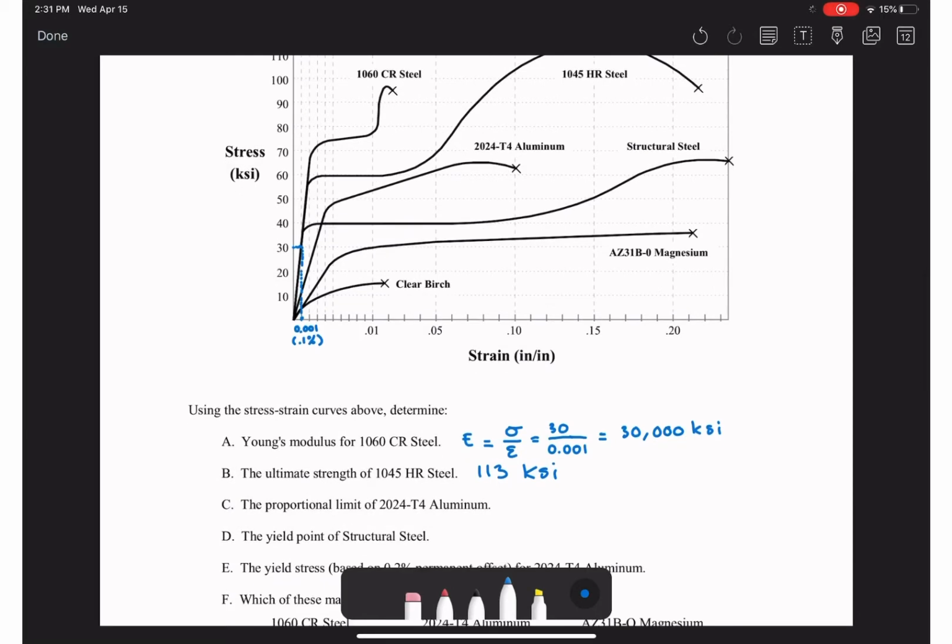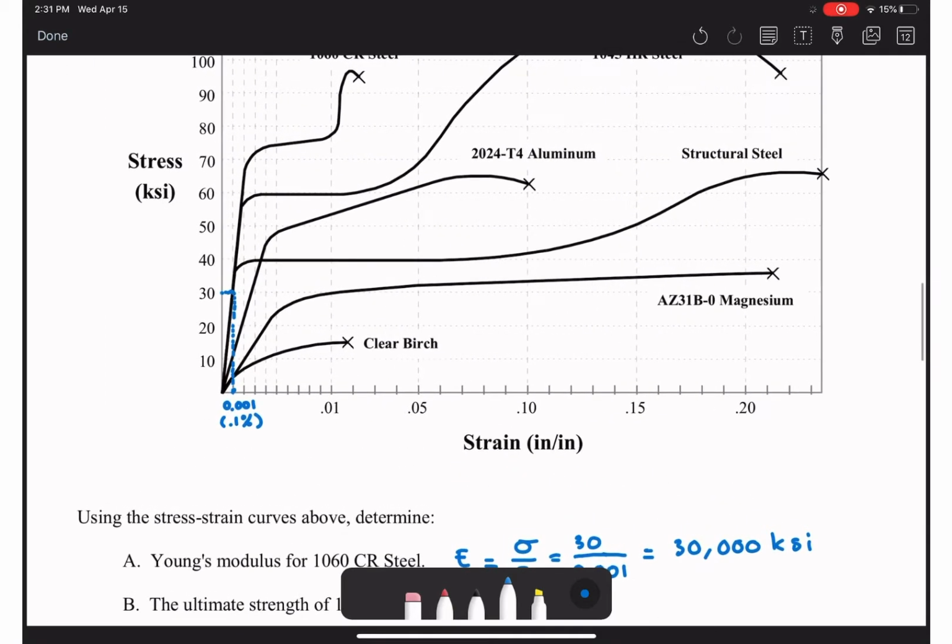Next, C, the proportional limit for aluminum 2024. Where is aluminum? The one in the middle here. The proportional limit is the region where there is a linear relationship between strain and stress.